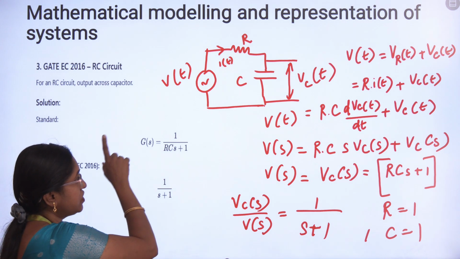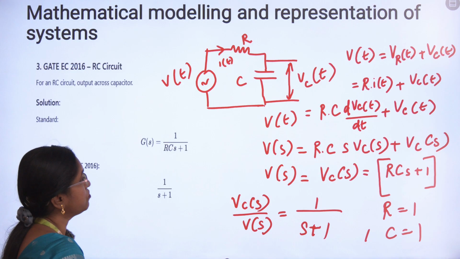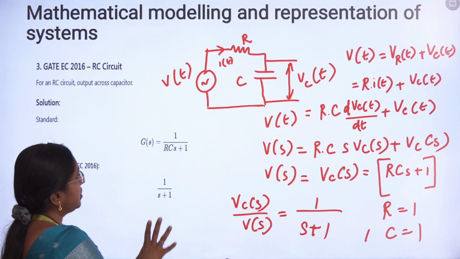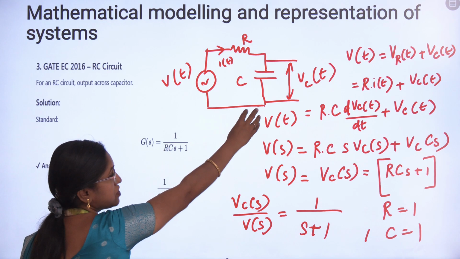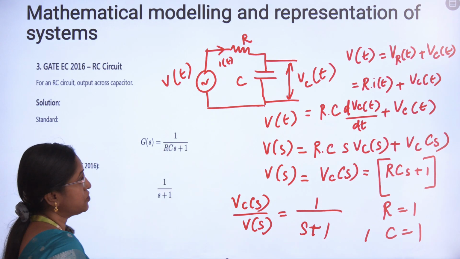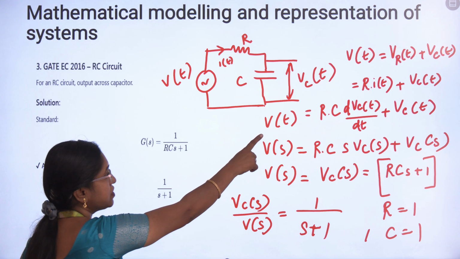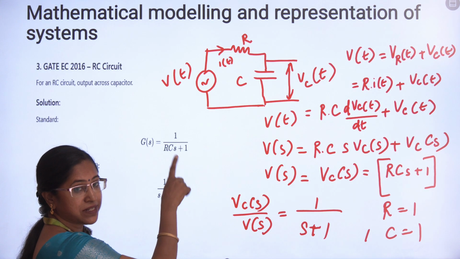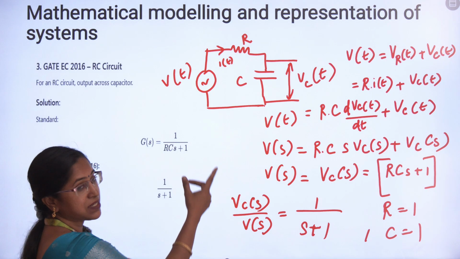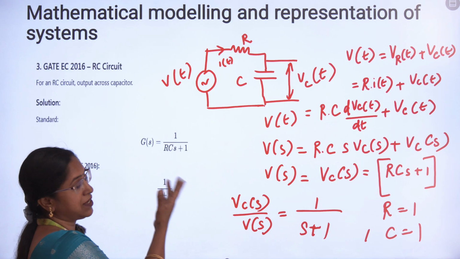Current I of t flows in this closed loop circuit. Overall, the total supply voltage is the voltage across your resistance plus the voltage across your capacitance. So you can write the total voltage V of t is equal to VR of t, the voltage across the resistor, plus Vc of t, the voltage across the capacitance.